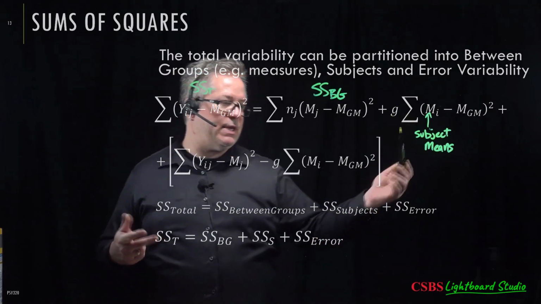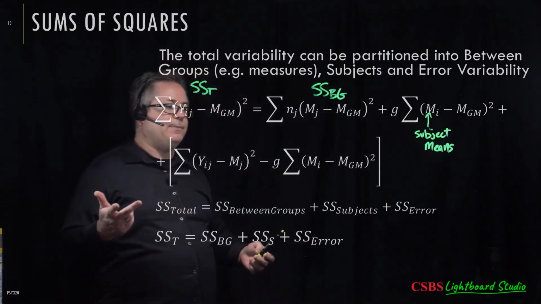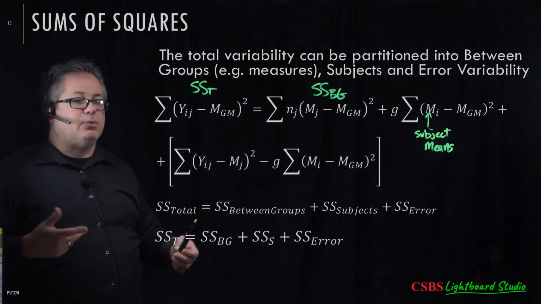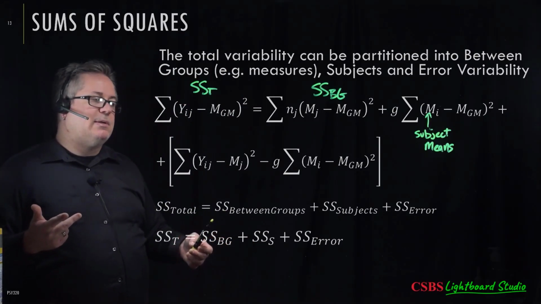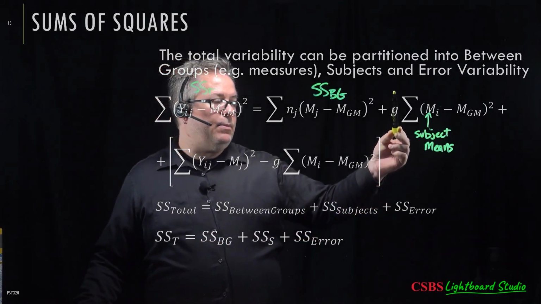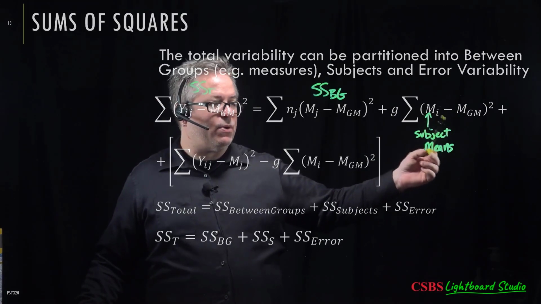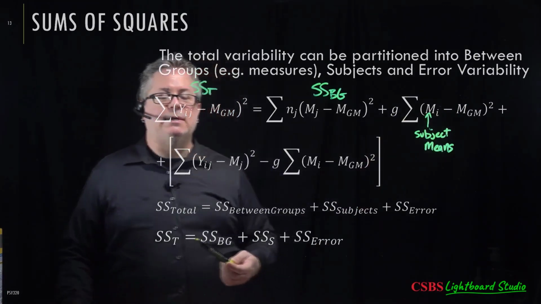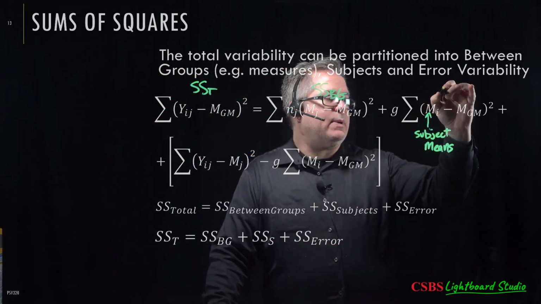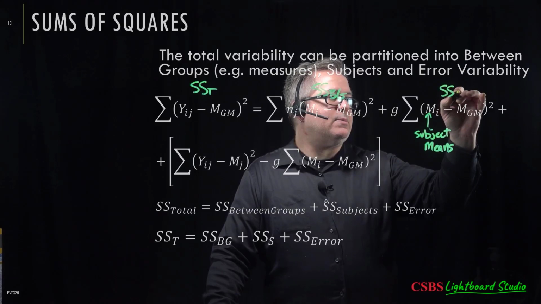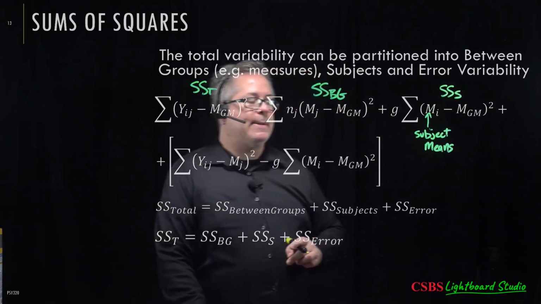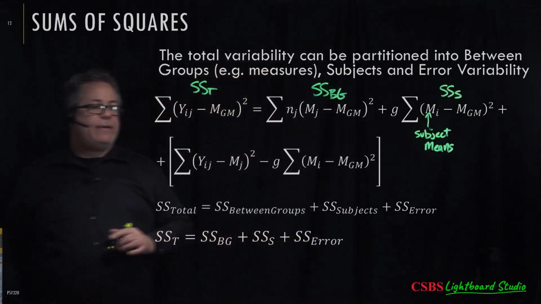Now I could have used K there, I could have used anything that I wanted there to represent number of groups. I just used G because the word group starts with G. Does it make sense? So I'm taking the number of groups and I'm going to multiply that. Once I subtract the grand mean and square each time, I'm going to multiply by G to get my sum of squares for subject. So this is my consistent differences between subjects, sum of squares, subject, sum of squares for S. Okay, so now I have the parentheses.